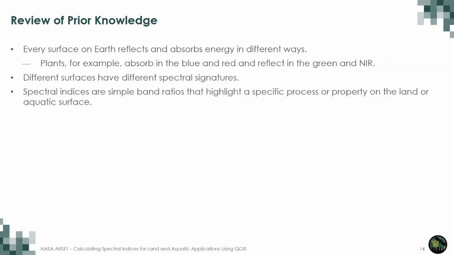However, each surface also reflects and absorbs energy from the parts of the electromagnetic spectrum beyond what our eyes can detect. These differences in how surfaces interact across the spectrum are what we call spectral signatures. Understanding how changes in the spectral signature of the surface relate to the properties of the thing being observed allows us to create spectral indices, which assign a numeric value to the property of interest.